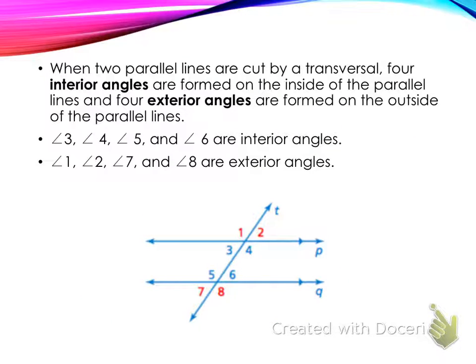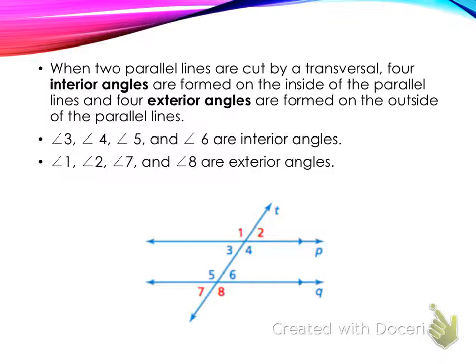Okay, so when we have two parallel lines that are cut by a transversal, we have 4 interior angles, remember interior is inside, formed on the inside of the parallel lines. And there are 4 exterior, like the outside of your house is the exterior. We have exterior angles that are formed on the outside of the parallel lines.